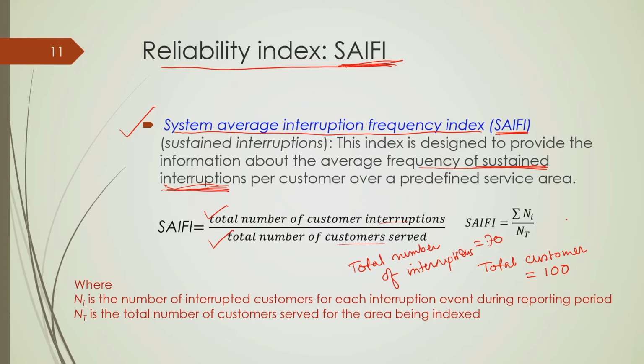Then SAIFI is simply 70 by 100. The 70 gives the total number of interruptions, normalized with the total number of customers, 100, which gives the index SAIFI. So this gives an interruption frequency index.